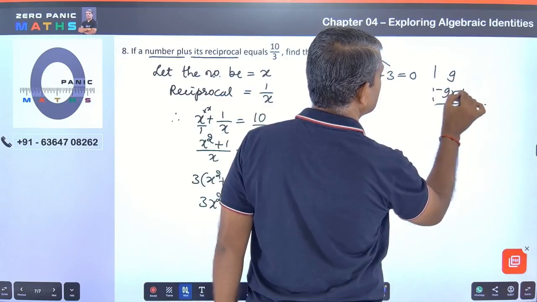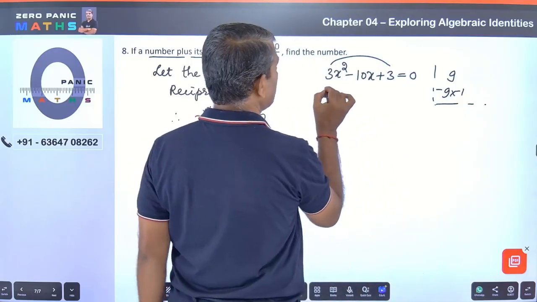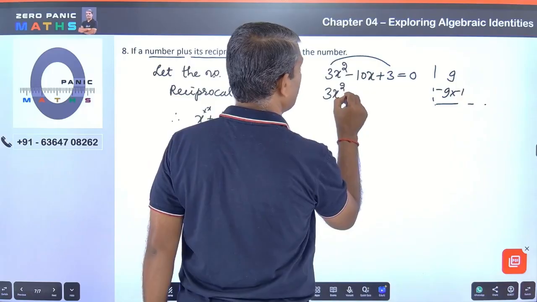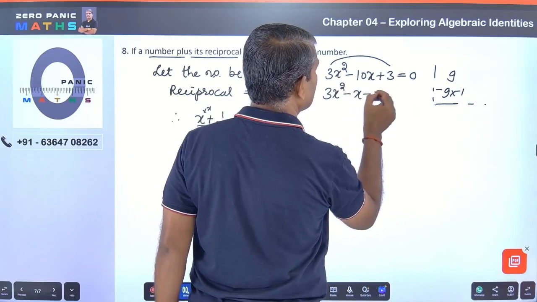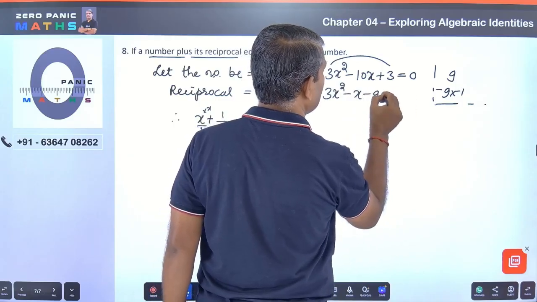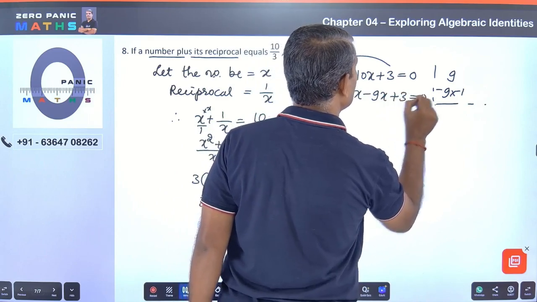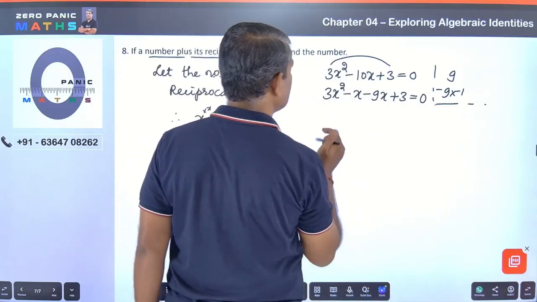Minus 9 times minus 1 is 9, and minus 9 minus 1 is minus 10x. So let me write that as 3x square minus x minus 9x plus 3 equal to 0. So we split minus 10x into minus x and minus 9x.